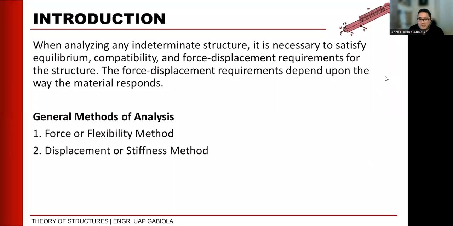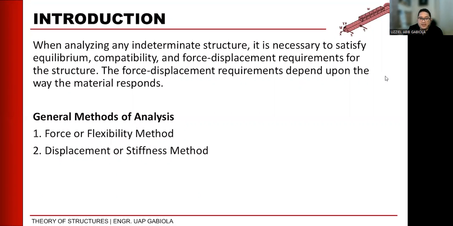What we will tackle today is just yung another method, hindi siya official method, pero we can use double integration method to calculate for the value ng reactions ng indeterminate structure natin. Kaya hindi ginagamit si double integration method kasi it will be very tedious comparing it with these two methods na nakalagay dito.